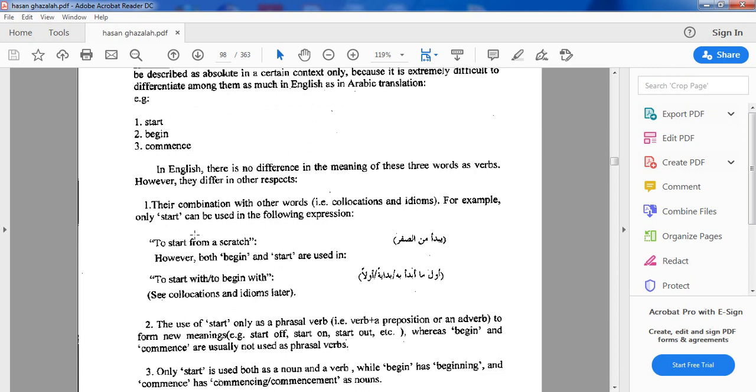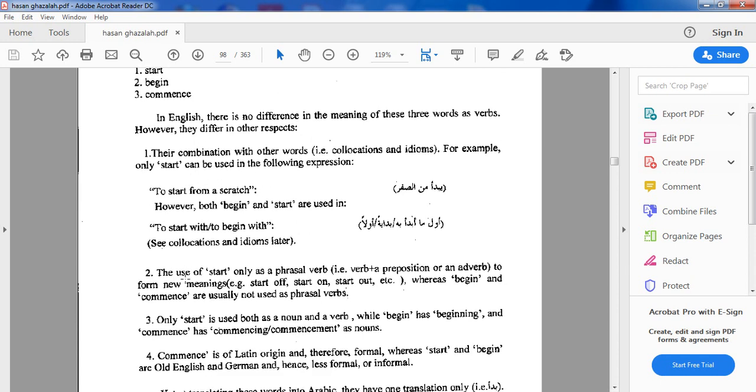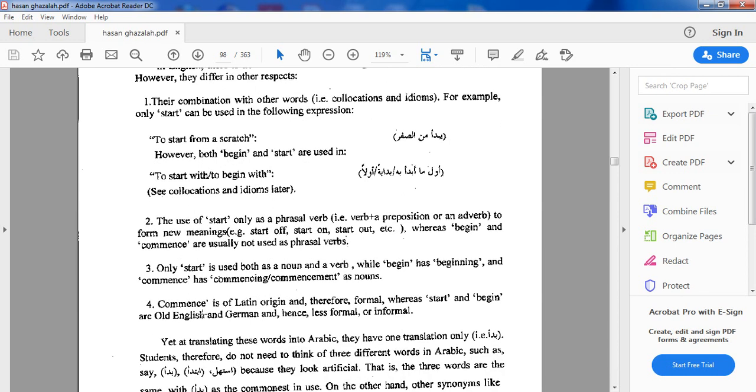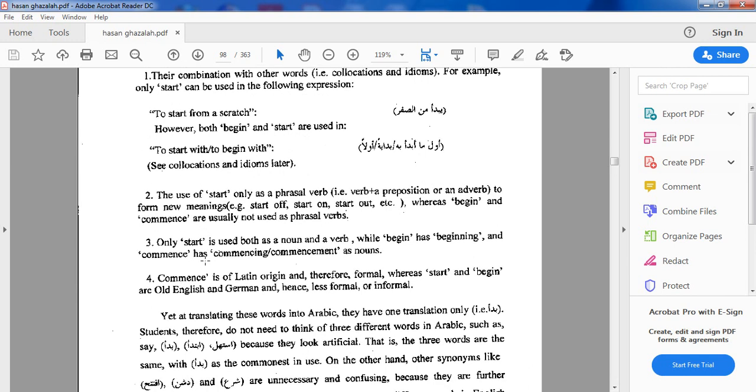Here he tries to differentiate between the meanings of start, begin, and commence. Yes, they have يبدأ in Arabic, but actually there's a difference in meaning, and here we have a list of the differences in meaning. You can just follow them one by one.